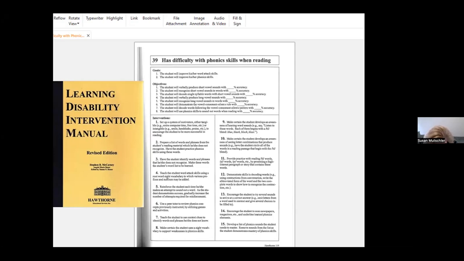Provide practice with reading the BL words, PL words, and PR words by presenting a high interest paragraph or story that contains these words. So they're talking about the blends, working on the blends. Just great ideas on how to try and help somebody overcome some of those challenges. Love this book.